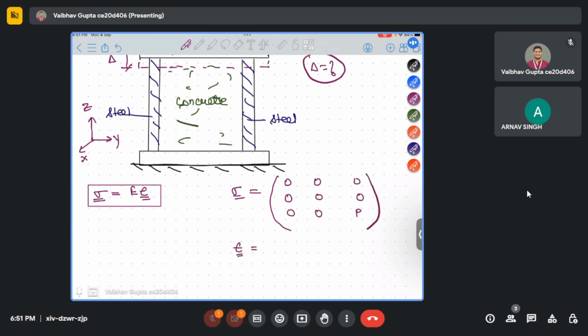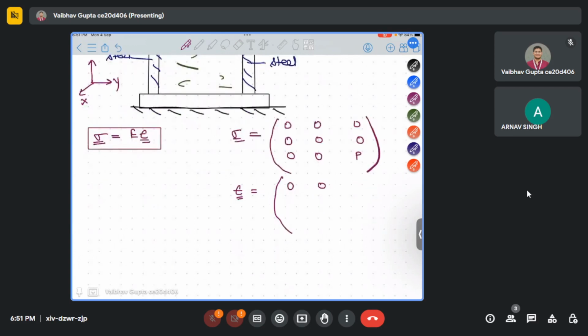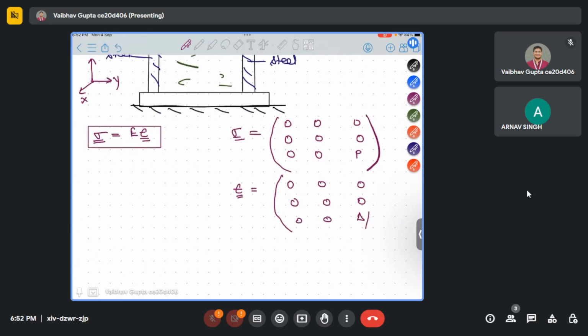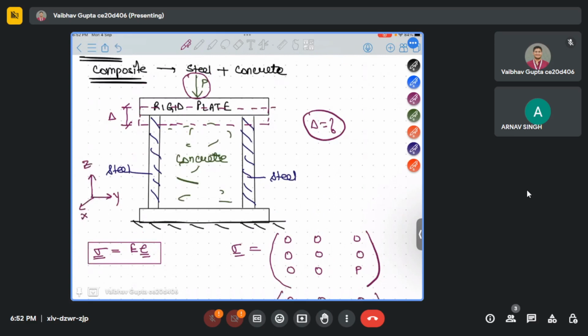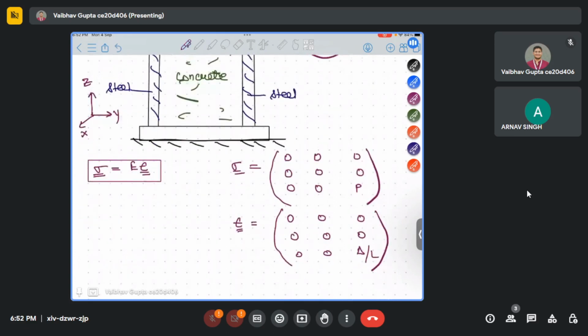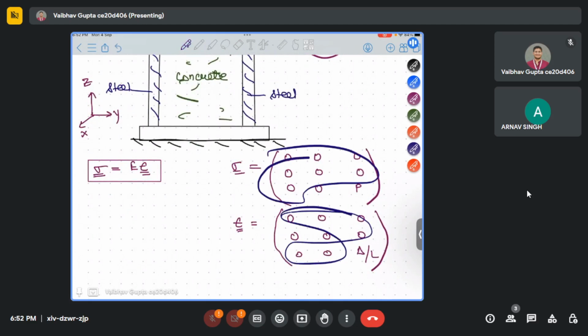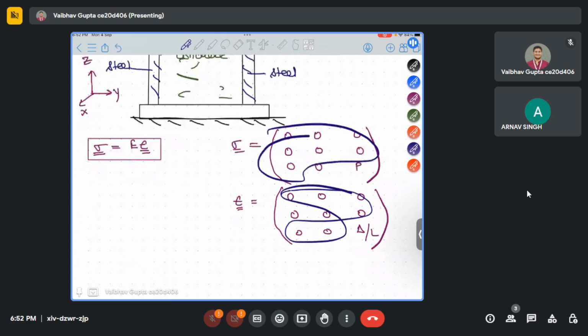And the epsilon matrix will give us delta by L, whatever the height we assume, L. The other entries won't be zero when we consider the effect of Poisson's ratio, but they are taken as zero deliberately, assuming Poisson's ratio is not taken into account.